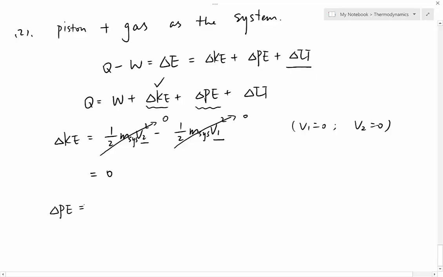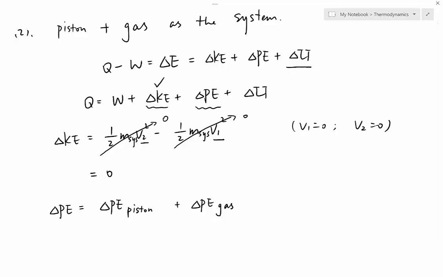Okay, delta PE of my system. And my system consists of two components. They are delta PE of the piston and delta PE of the gas. So remember my system now has two components, the piston and the gas.